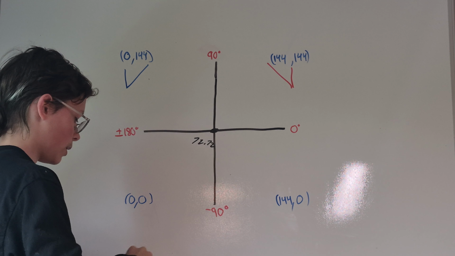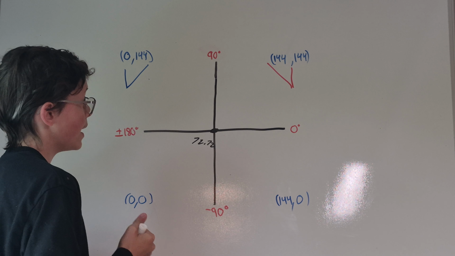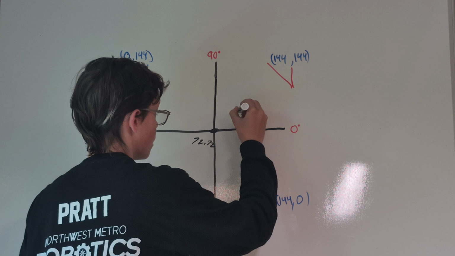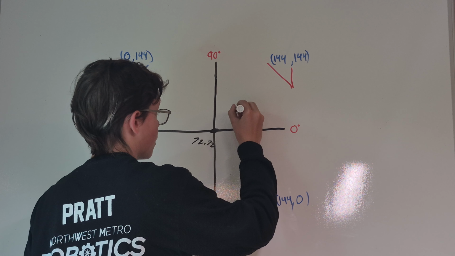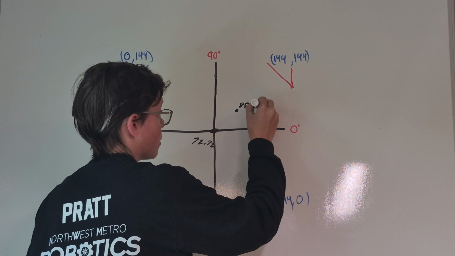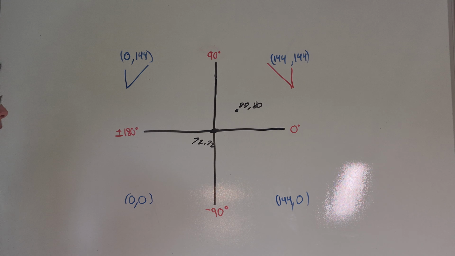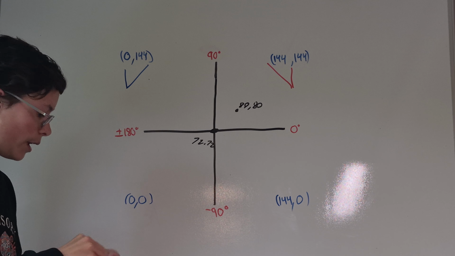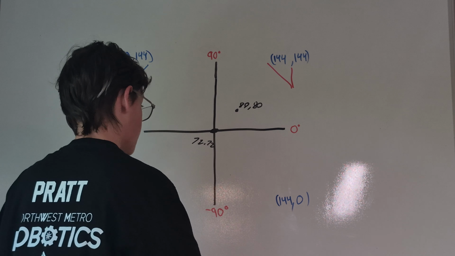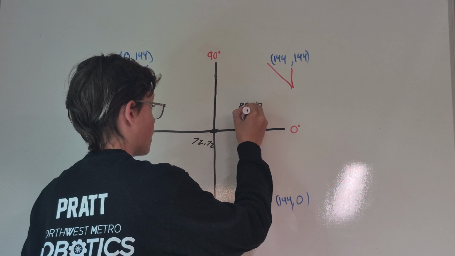Now let's set a robot point. Our robot point is, for example here, going to be 80, 80, just for the sake of example and simplicity. Oh, and one more thing about the robot: the direction it's going to be facing is this way.